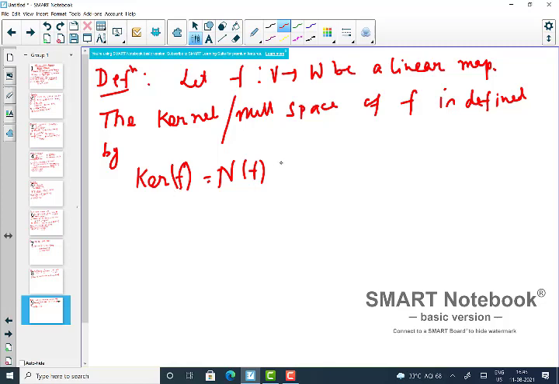It is better to write kernel in that symbol. This is the collection of all vectors v inside the domain such that the image is 0 in the codomain, that is, f of v is the 0 vector of W. We collect all such vectors and call this the kernel of this map. Similarly, we define something called the image or range.